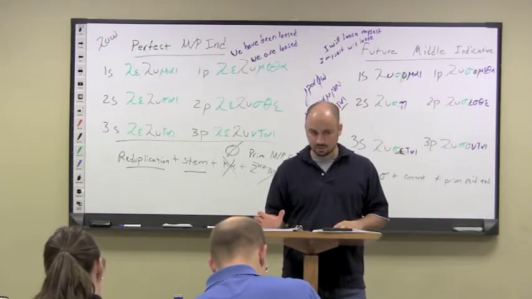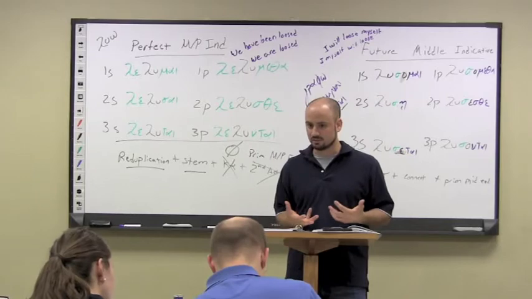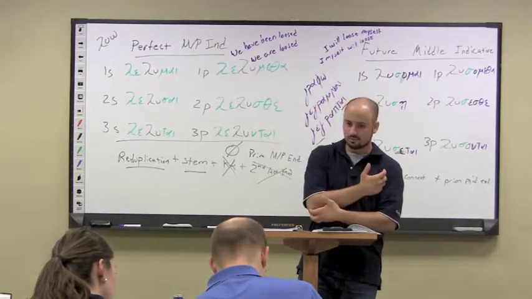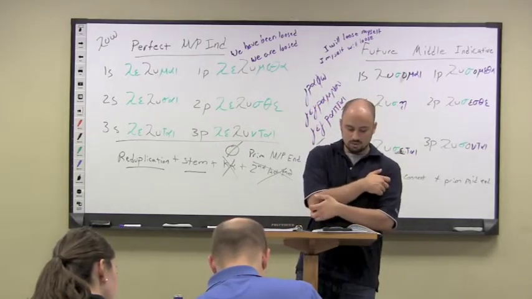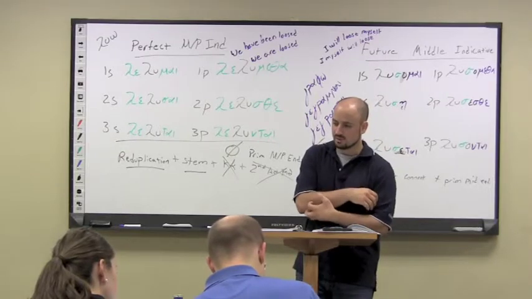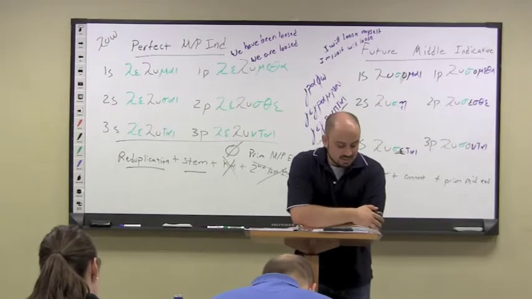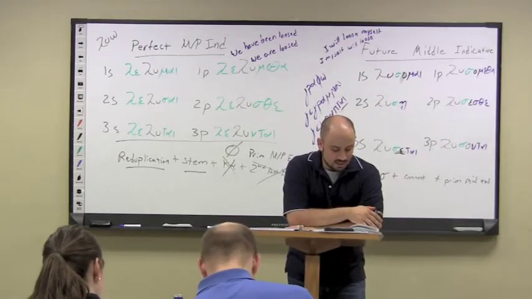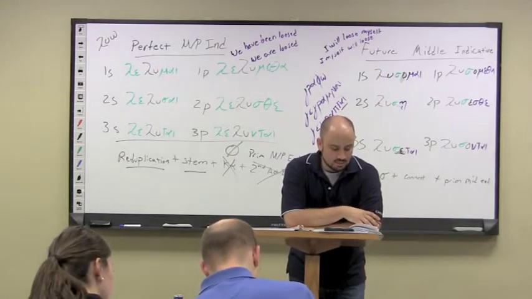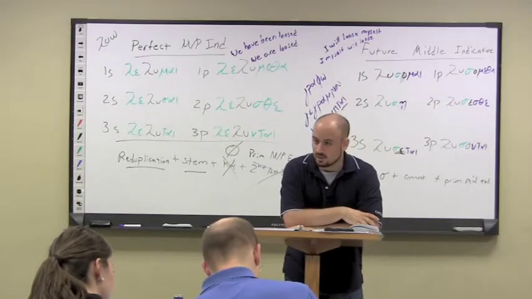The tricky thing about this is it's not translated passive, it's a being verb, so it's still active. I will be, you will be, even though it has the middle passive endings. So esomai, esē, estai, esometha, esesthe, esontai.